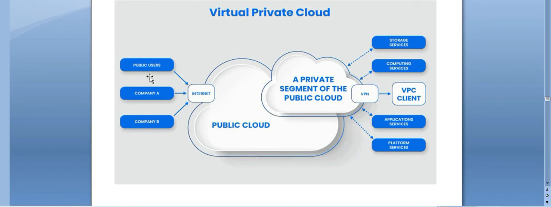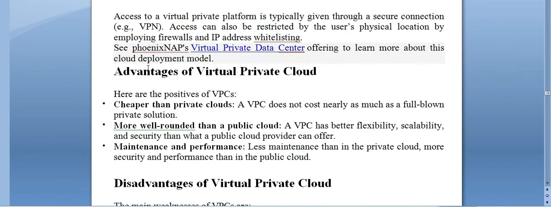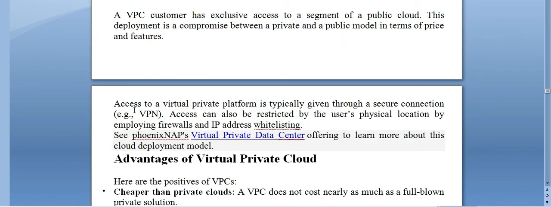And this is the internet that is used by public users, different numbers of companies are there. But here the private segment of this public cloud, this VPN. So VPN clients, here the application services, platform services, computing services, storage services are there. Access to a virtual private platform is typically given through a secure connection, that is your VPN. Access can also be restricted by the user's physical location by employing firewalls and IP address whitelisting.